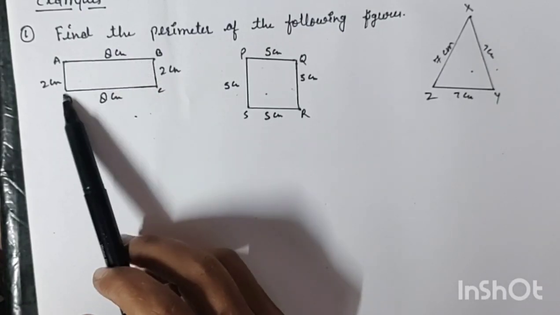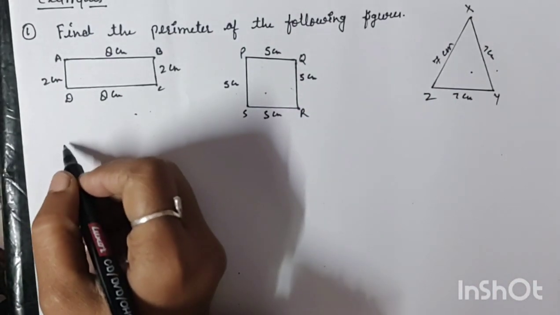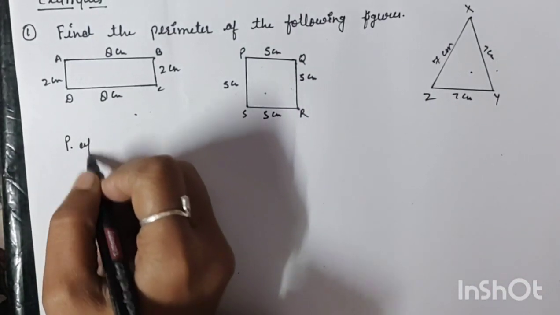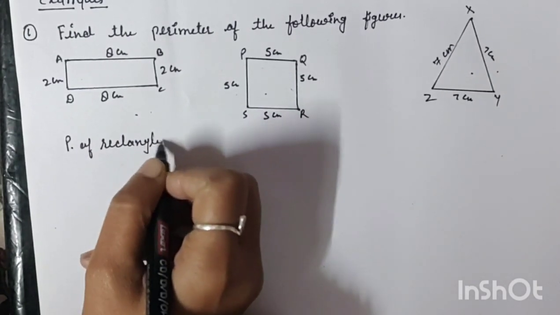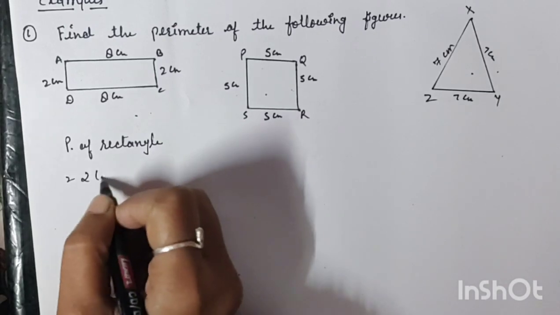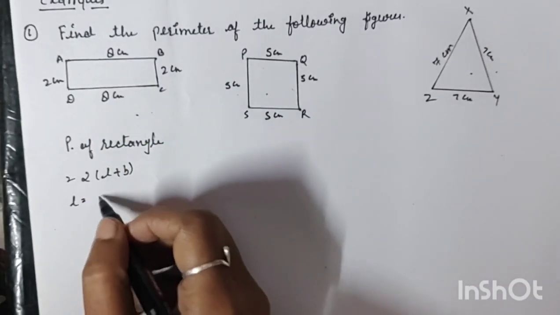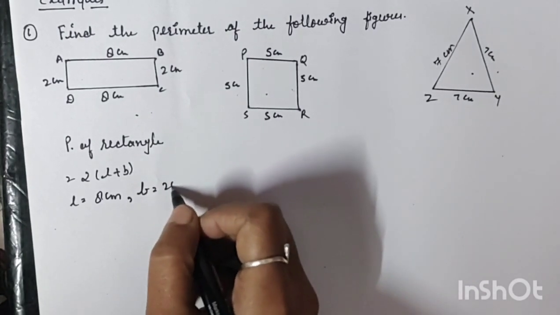ABCD. What is the formula for the perimeter of a rectangle? The perimeter of a rectangle is equal to 2 into (L plus B). L is equal to 8 centimeter and B is equal to 2 centimeter.